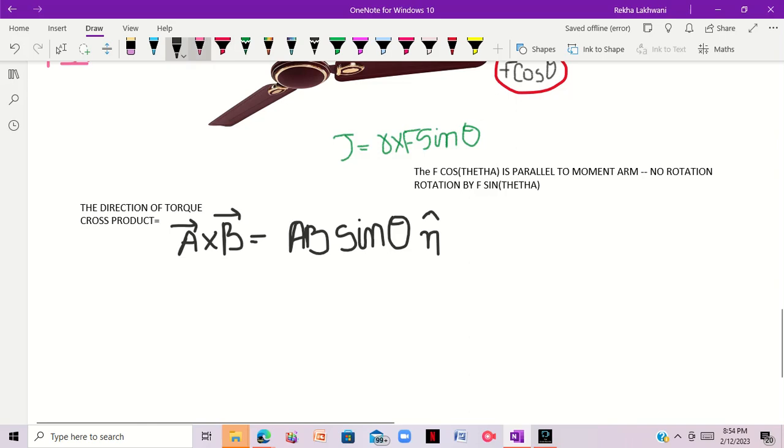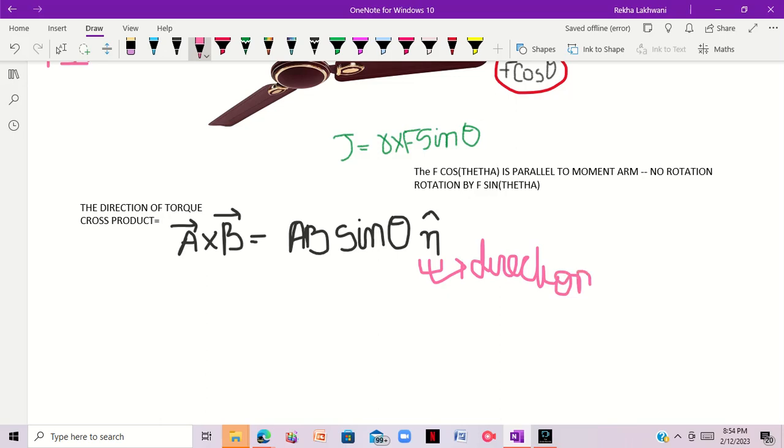What's the work of this unit vector? Basically, this unit vector shows us the direction, right? And as you know, the direction of the cross product we can find by the right hand thumb rule, right?